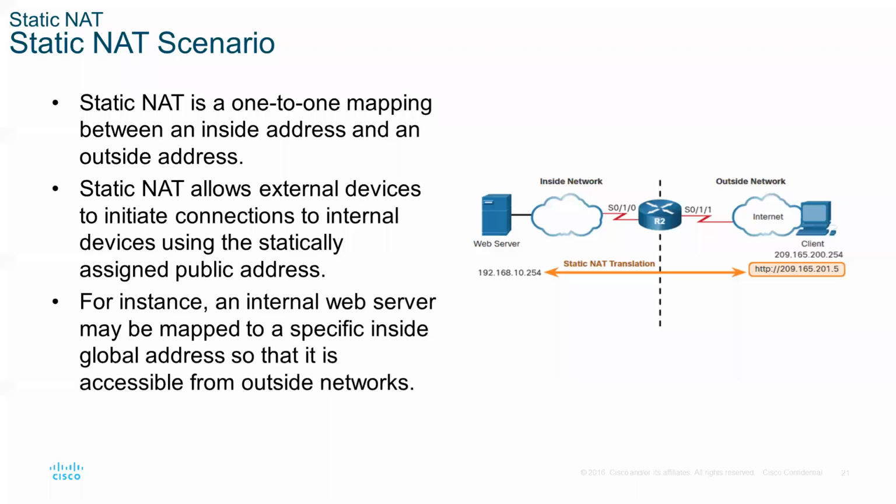So what is static NAT? This is where we need to translate an IP address to the outside world. Example of this is where we have a server. So we need to map our internal server address to the global address so that traffic can access that server.